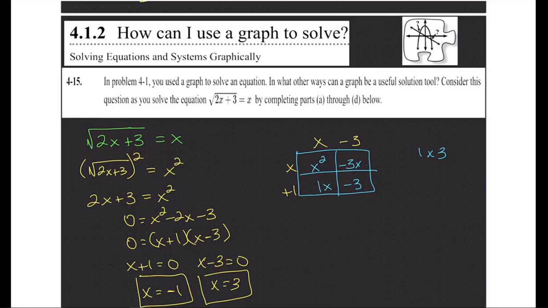Yeah, negative 2, right? Because negative 2 times negative 2 is going to be a positive 4, right? So we have to check our answers. And not that we have to, like where we have x equals 3, right? So I'd have a 3 here. So you'd ultimately be finding a number times a number that's going to equal 3, right? You could come up with that if you needed to.